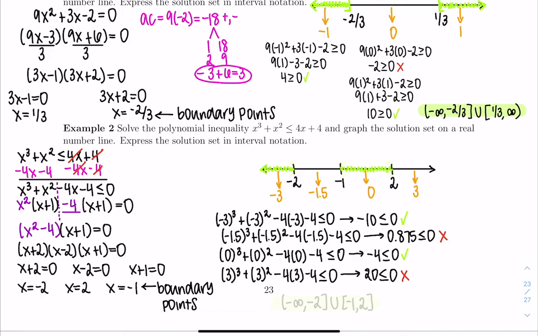It's less than or equal to 0, and so we need to make sure we use brackets. And so we have brackets on that -1 and the 2. So in interval notation, we have -infinity to -2 with the bracket, and then we also have from -1 to 2.